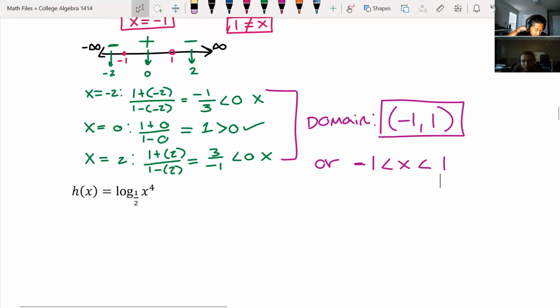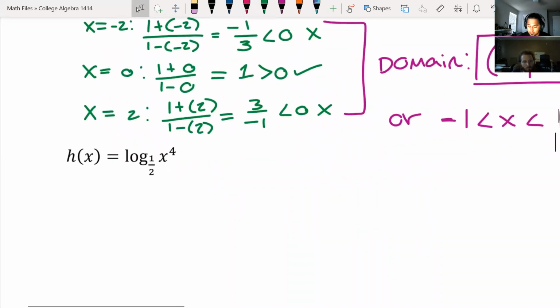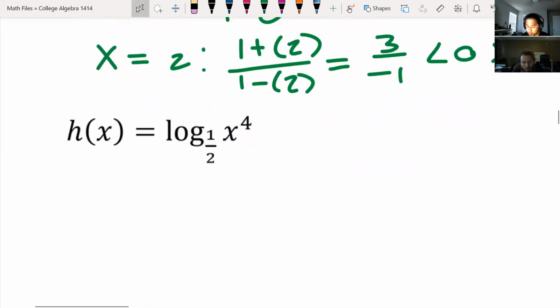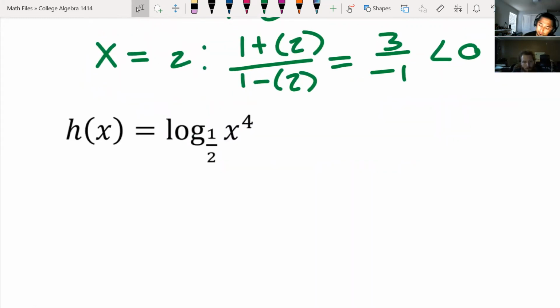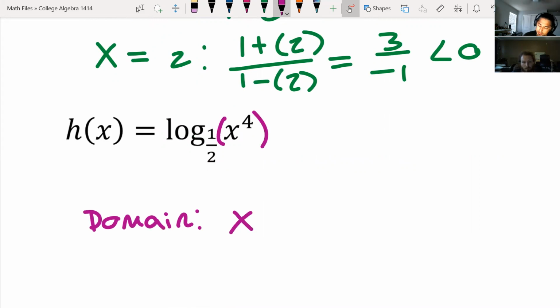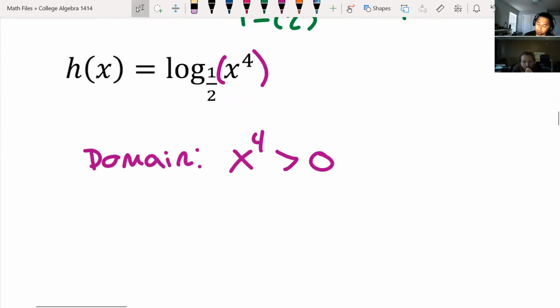Next. H equals log base 1/2 of x to the 4th. All right. So here, for our domain, you're going to take x to the 4th, which is inside, and set it greater than 0.